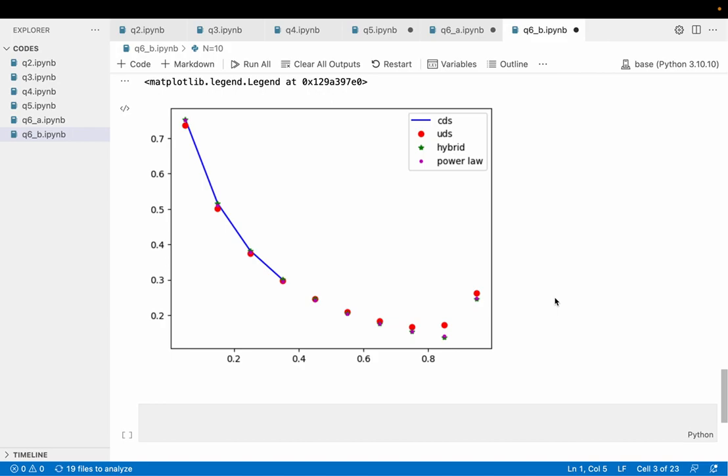Yeah, you can see each of these getting deviated. Your UDS will not be able to capture any of these sharp things. Whenever you have any sharp change, it will tend to be diffusive at those zones, and the value will be different from the other ones. So when you have something of a sharp nature, you need to choose some other scheme like hybrid or power law, so that you will get better approximations.